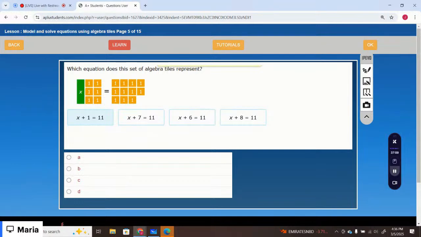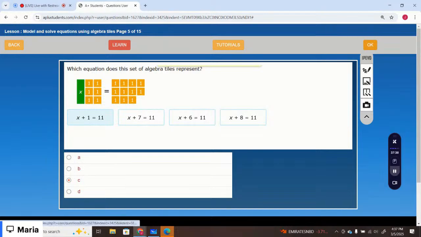Which equation does this set of algebra tiles represent? That is x plus 6 equals 11.